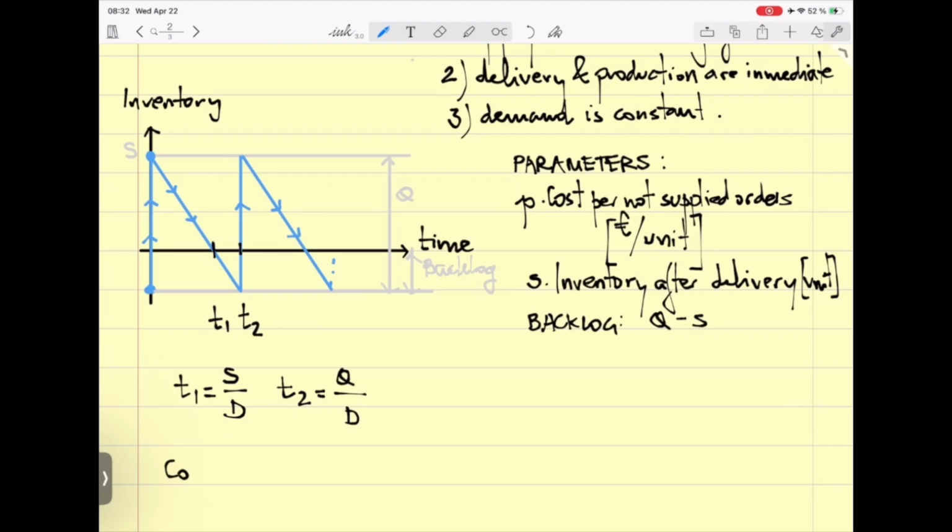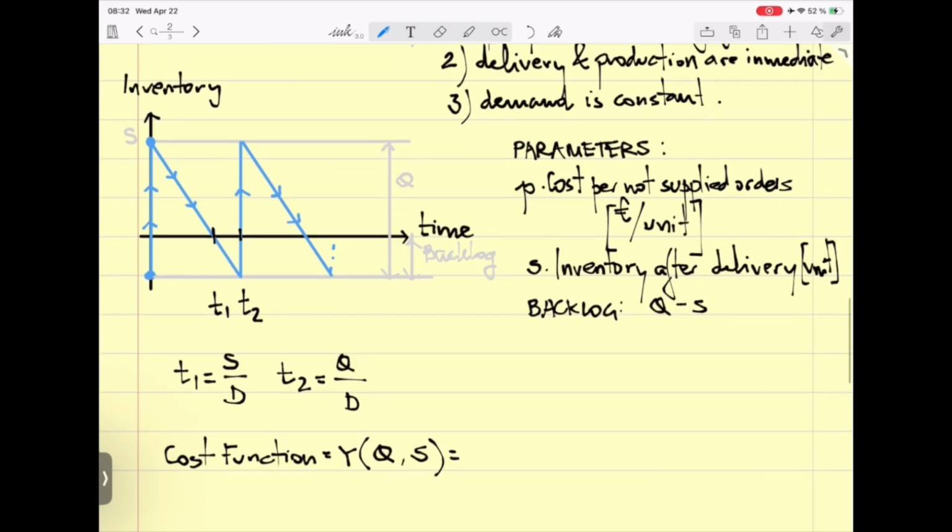So the cost function is going to depend on two variables, Q and S. How much inventory after delivery we allow is something that we can decide or is based on the process.